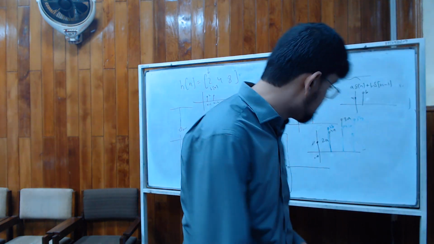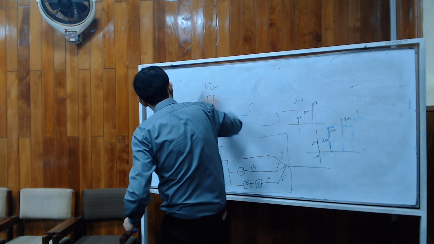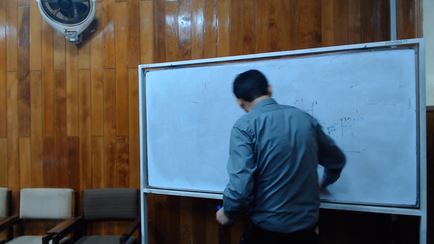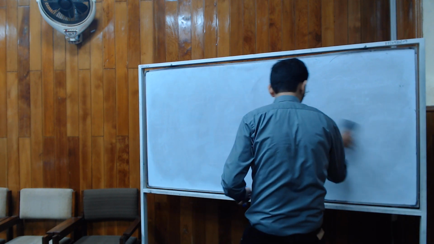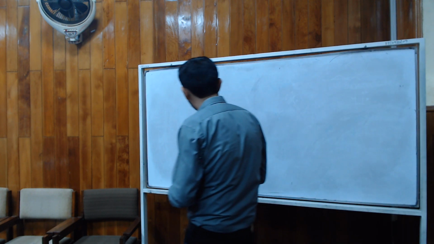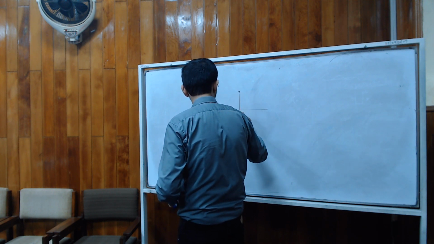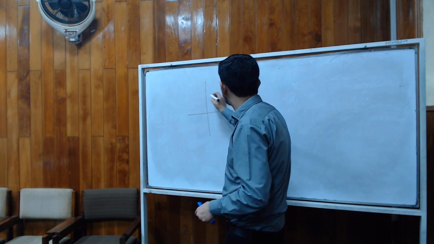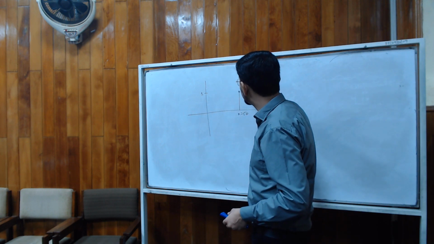Okay, now a quick question. Let's say, what does this impulse response say? I'm going to draw an impulse response. If you understand this interpretation, this is the impulse response of a system.